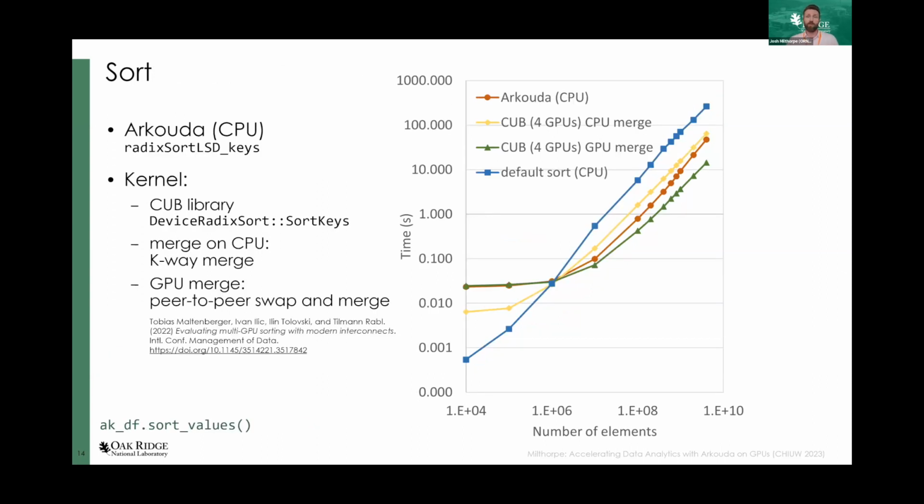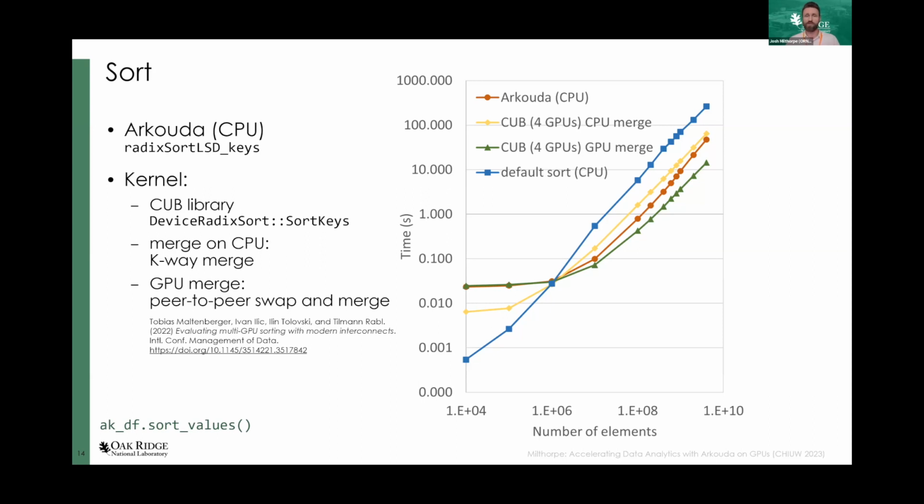And finally, a quite complicated operation, a sort. This is a really important one, as you've heard, for Arkouda workflows. In this case, we're just doing a radix sort. We're comparing the standard Arkouda radix sort to a sort implemented using the CHIUW library's implementation of radix sort on the GPU, and two different merge algorithms, one for the CPU, one for the GPU.